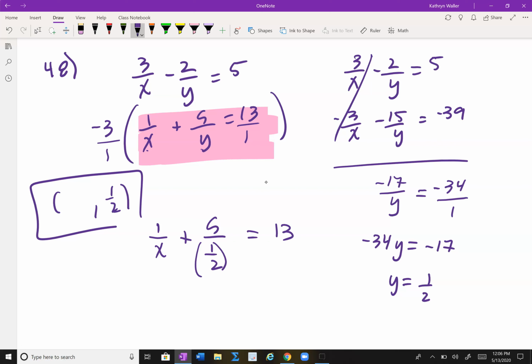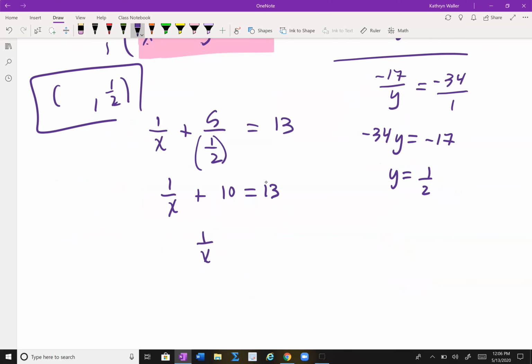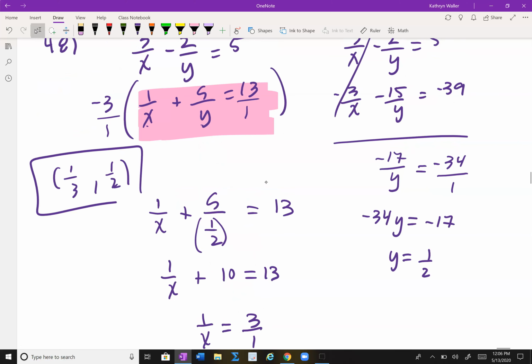That 5 over 1/2, just go 5 divided by 0.5. It's 10. So it's just 1 over x plus 10 equals 13. Move your 10 over. 1 over x equals 3. Cross multiply, 3x equals 1. Divide, x equals 1/3. And again, you can store those in, plug them in there, and make sure it works.